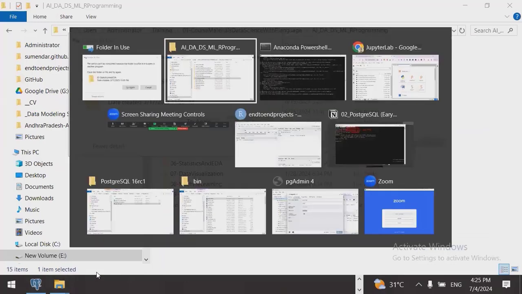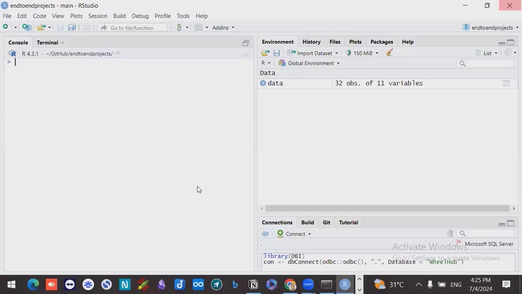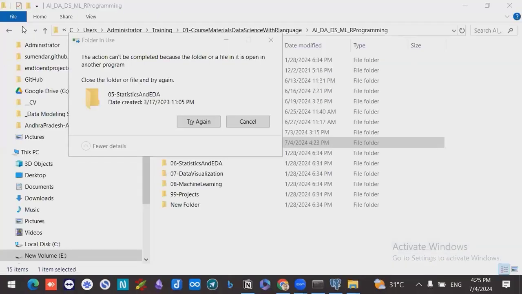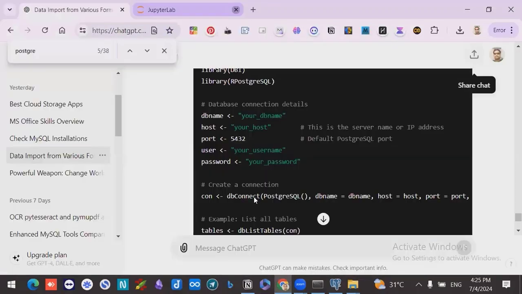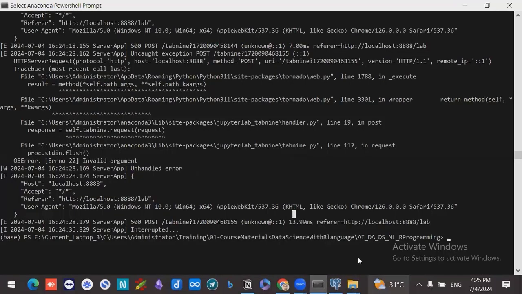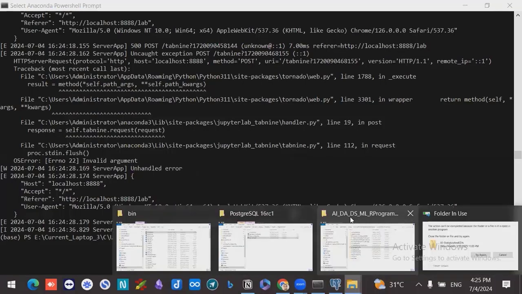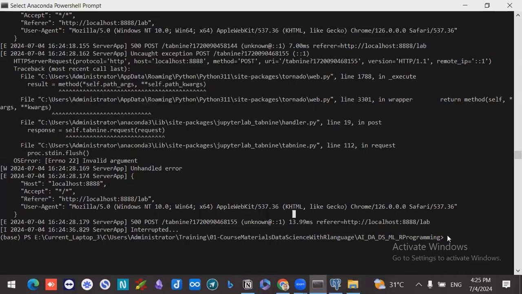The connection we removed, right? Close the file, because the folder or the file is open in another program. I just disconnected, right?